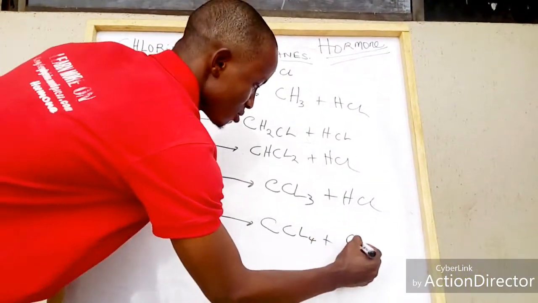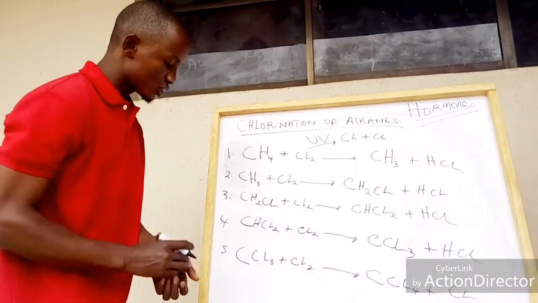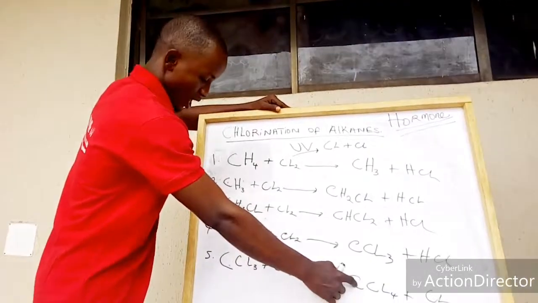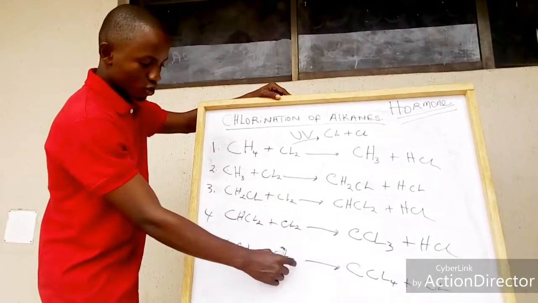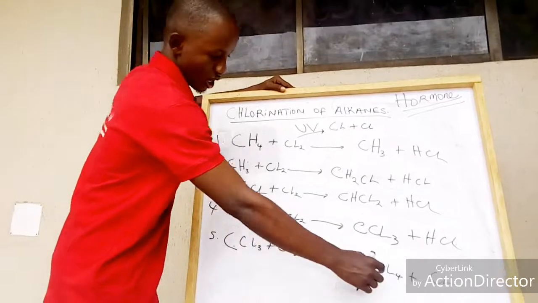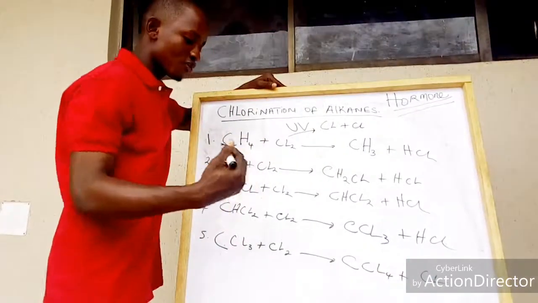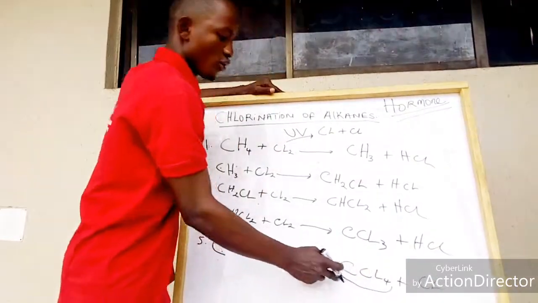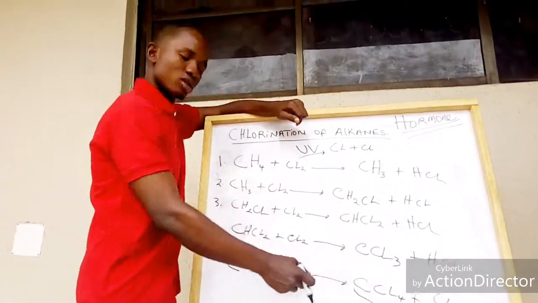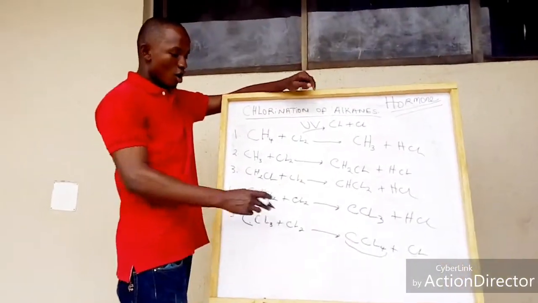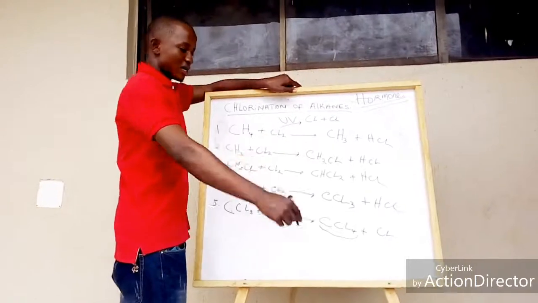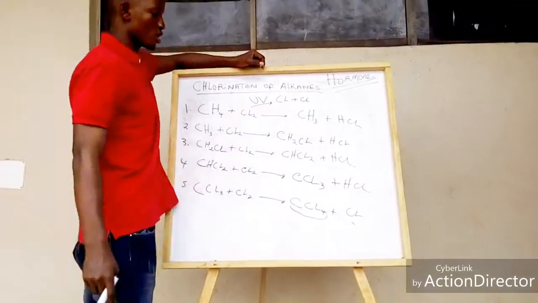Now, this chlorine that is remaining will be given out. If we check, one carbon, 3 chlorine plus 2 chlorine will give you 5 chlorine. This is the last stage of chlorination, because no hydrogen can be replaced again. All the hydrogen has been replaced, and there's an emission of a chlorine molecule.